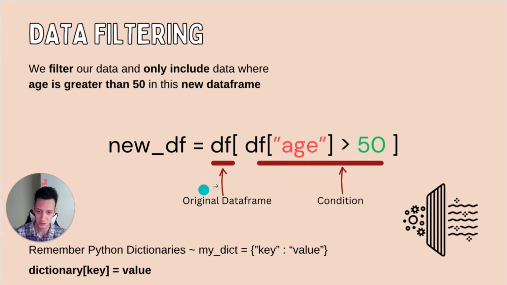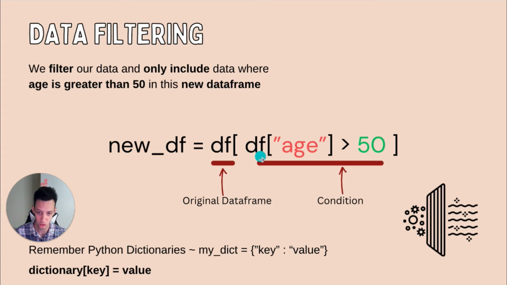We're tapping into the original data frame, and anything within the first set of square brackets is a condition. It's just like saying in Python, if age is greater than 50. This is our condition in Pandas. So I want to create a new data frame anywhere where age is over 50.